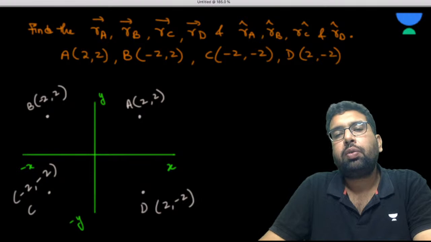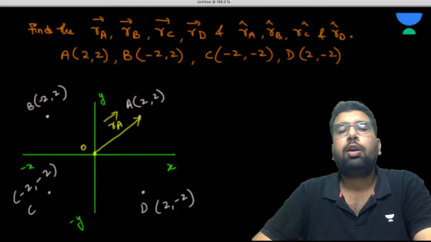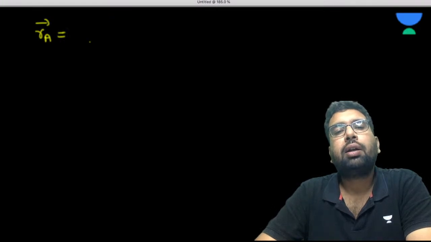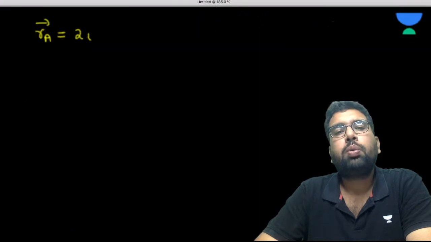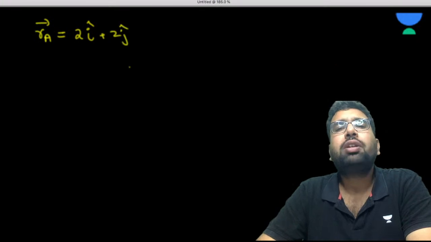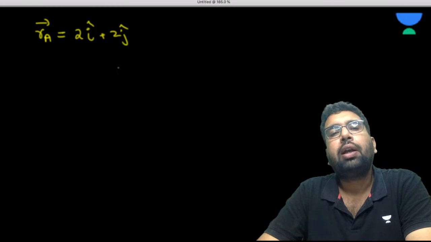Now, if I ask you what is the position vector of A, so this is your origin point. This is going to be the position vector of A, let's call it R A vector. Now we can write this R A vector in Cartesian form, and it will become 2 i cap plus 2 j cap, just by seeing the components.